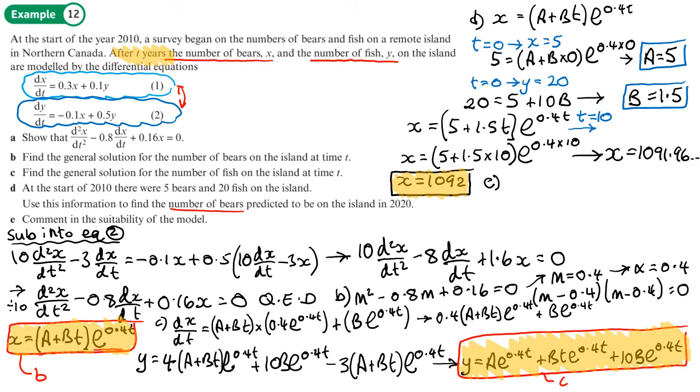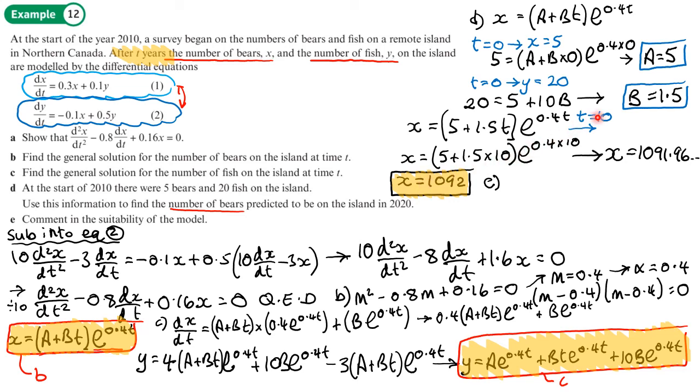Now let's think about it. After 10 years, we've now got over 1,000 bears in northern Canada. That's excessive. Are they going to keep growing without ever stopping? No, that's not going to happen.